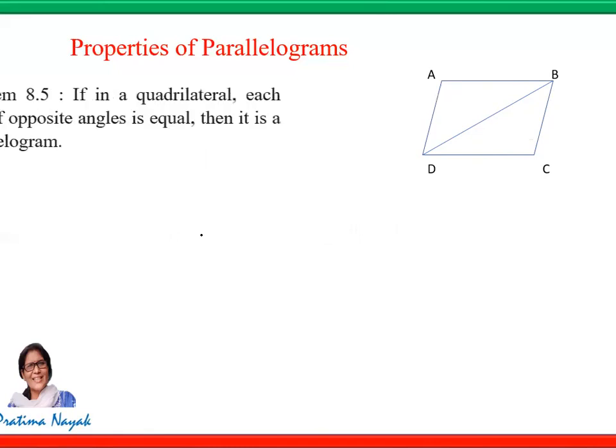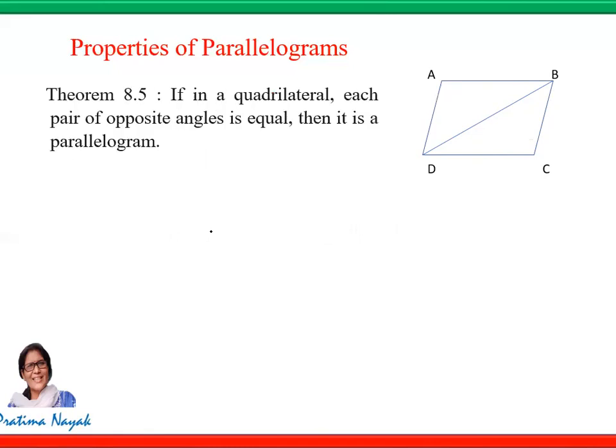Next is 8.5. If in a quadrilateral, each pair of opposite angles are equal, then it is a parallelogram. If in your ABCD, angle A is equal to angle C and angle B is equal to angle D, then ABCD is a parallelogram.